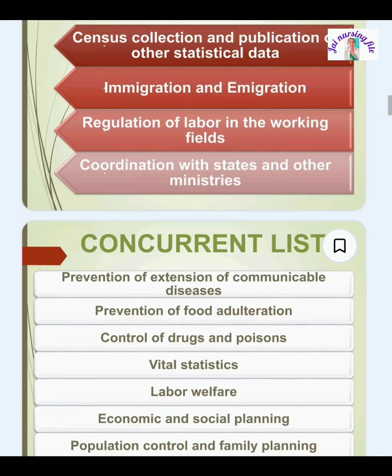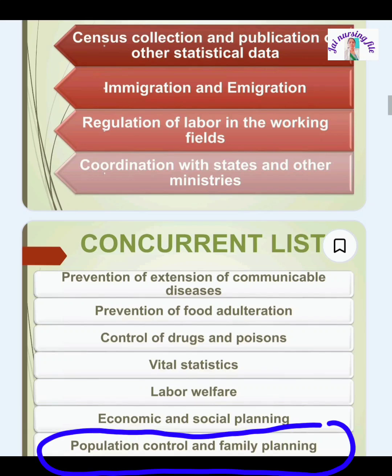Next one, census collection and publication of other statistical data, and then immigration, and then regulation of labor in the working field, and then we have to coordinate with the states and other ministries. Next, move on to the concurrent list. So first one, you have to prevent the extension of communicable disease, and second one, you have to prevent food adulteration, and third one, we have to control drugs and poison and vital statistics, so that means birth, death, everything, and then labor welfare, then economic and social planning, and last one, population control and family planning.